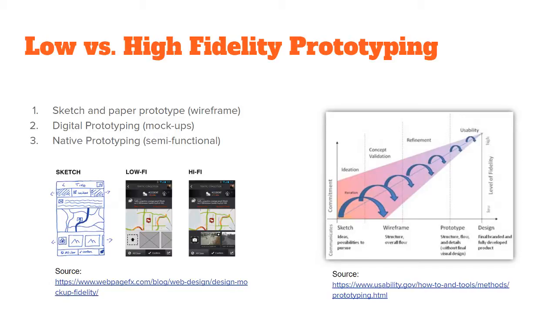Okay, some concepts. So what is the low fidelity and what is the high fidelity prototype? Well, its illustration is pretty good actually. Sketch is a low. When you just have that's a sketch.